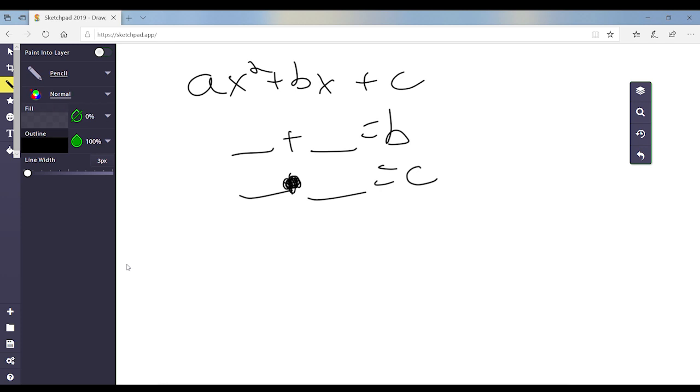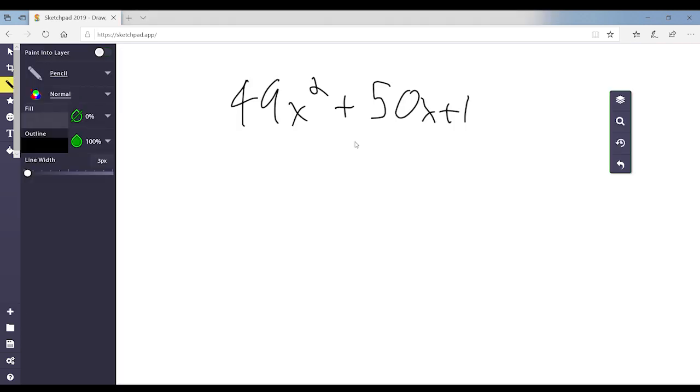Well, this also applies to these, except now it's going to be c times a. So something times something else has to equal c times a, and something plus something else has to equal b.